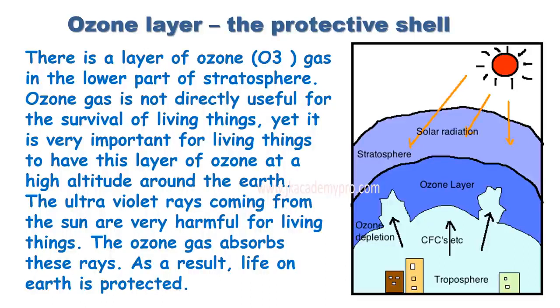Why? Because the ultraviolet rays coming from the sun are very harmful for living things. This ozone gas absorbs these rays, and as a result, life on earth is protected, and so we are safe from the harmful rays of the sun.